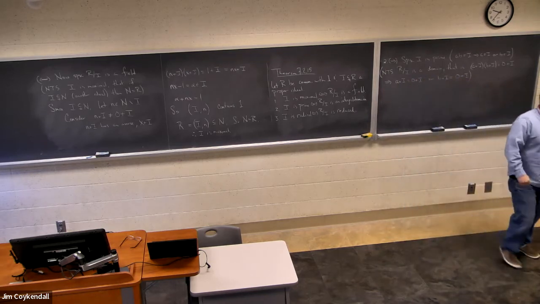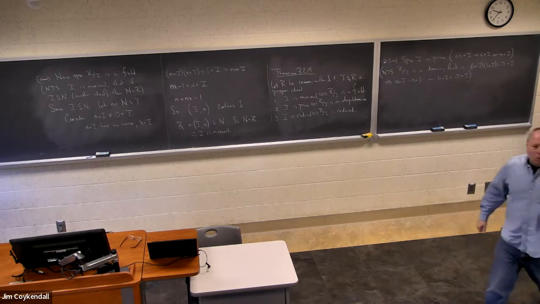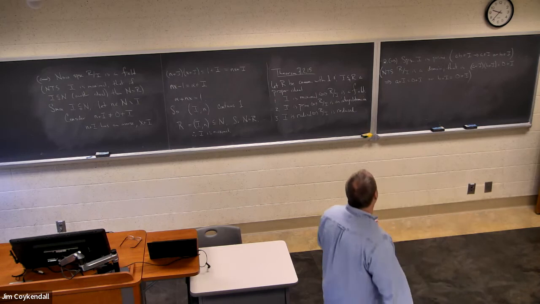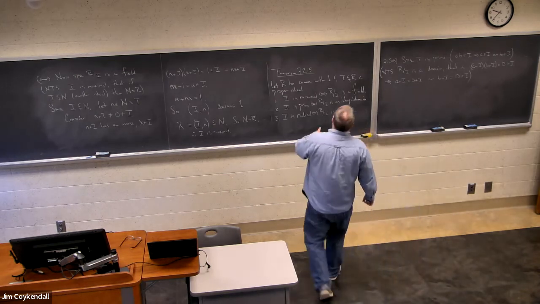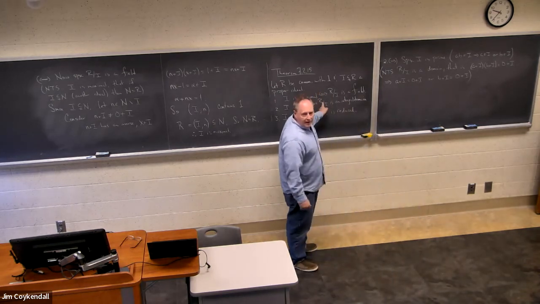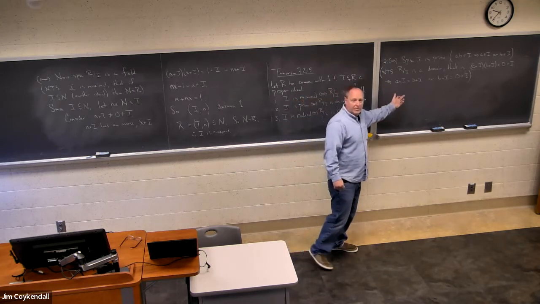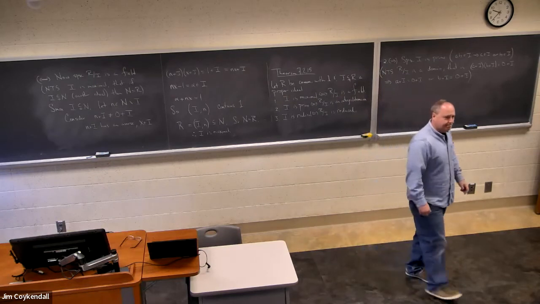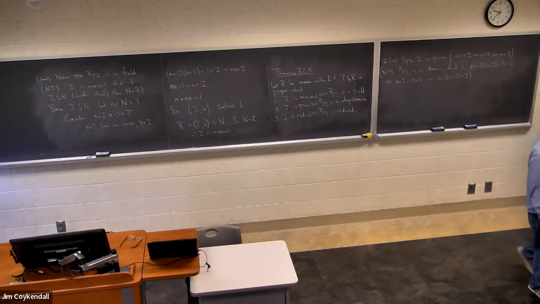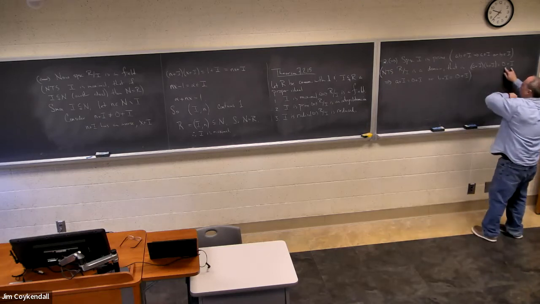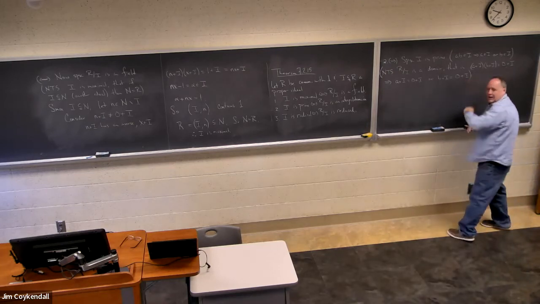That's what we need to show. Now remember, what's an integral domain? It's a commutative ring with identity first and foremost, but since R is commutative with identity, so is R mod I. So the only thing left to show is that there are no zero divisors. We need to show that our little dream comes true: the product of two things being 0 means one of the two things has to be 0.